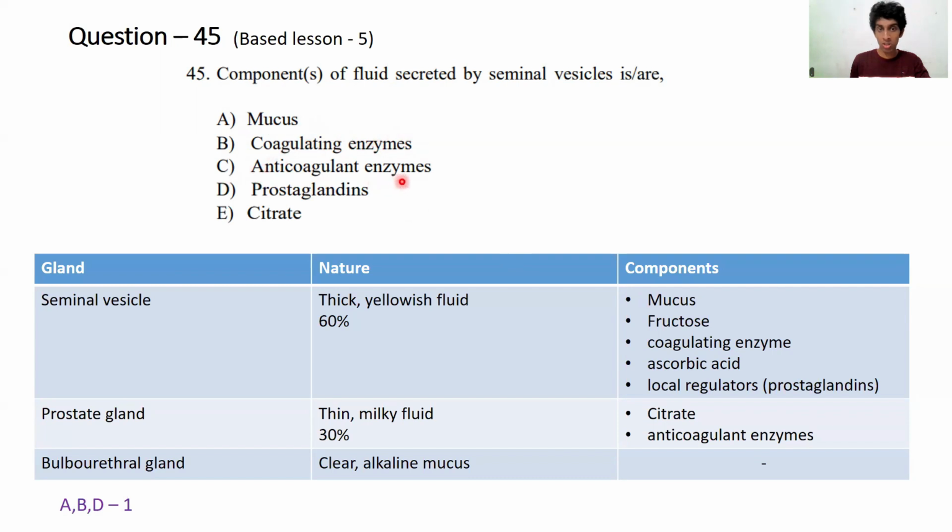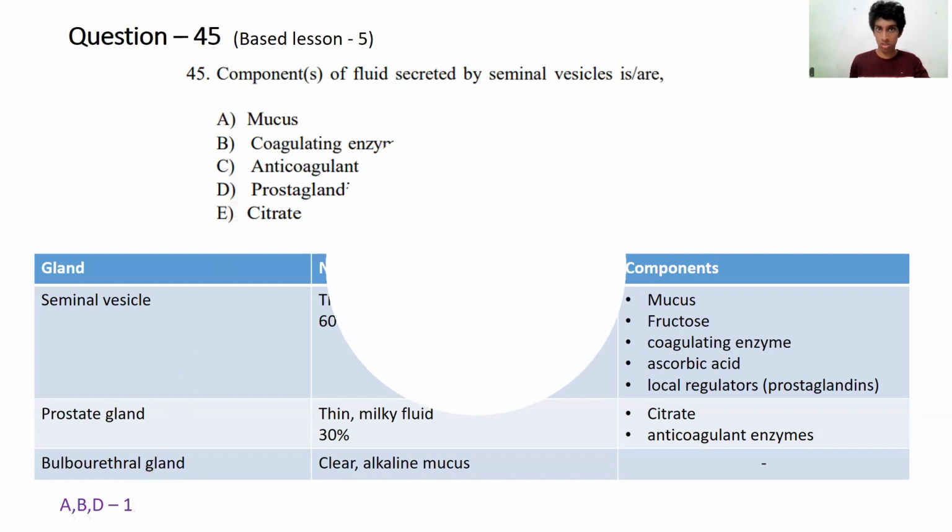C, anticoagulant enzymes. It's a component of the fluid secreted by the prostate gland. Therefore, C is wrong. D, prostaglandins, that's correct. E, citrate, that's also a component of the fluid secreted by the prostate gland. Therefore, E is also wrong. So the correct answers are A, B, and D. That means the correct answer is 1.